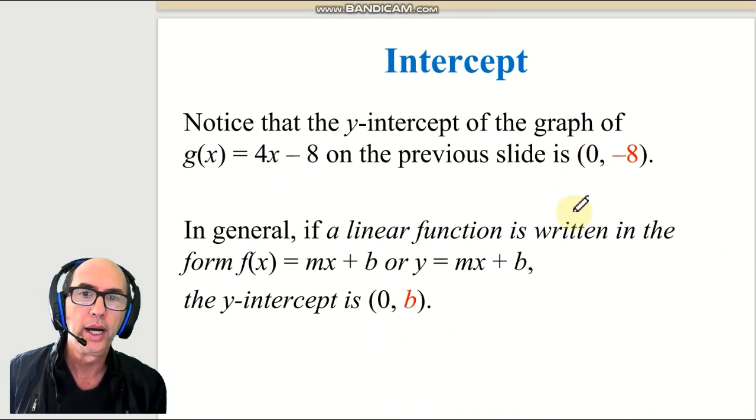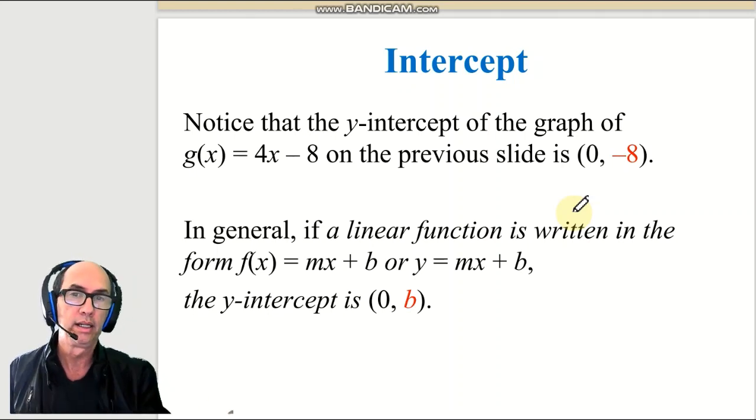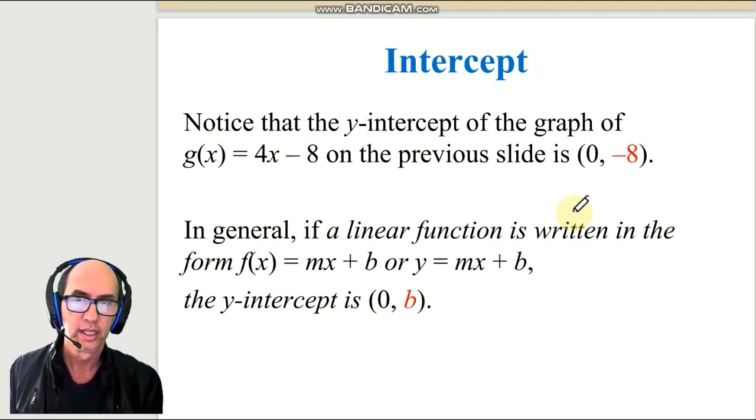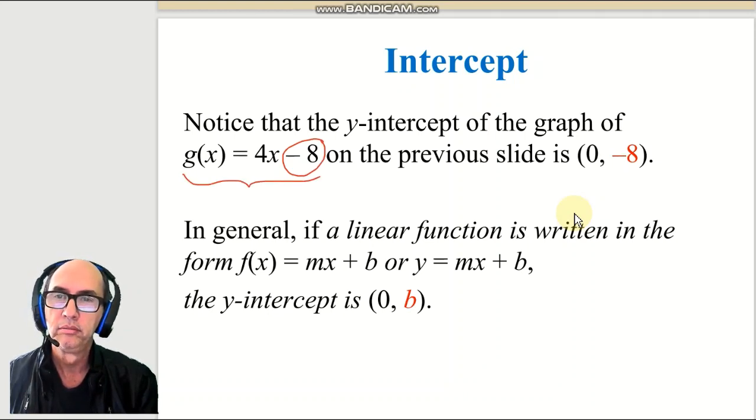Notice that the y-intercept on the graph of g of x equals 4x minus 8 is the point (0, negative 8). And you can find the y-intercept if you have the function in that form.